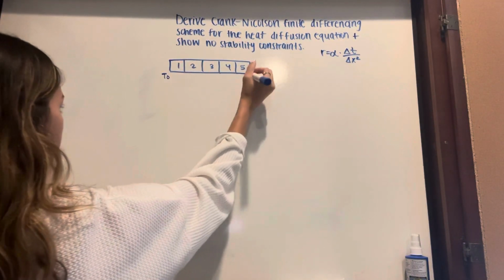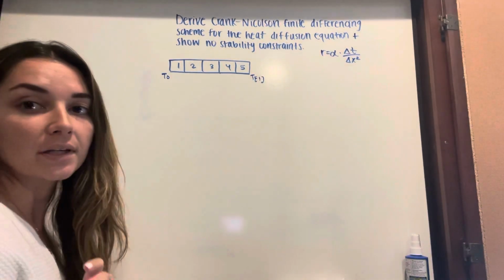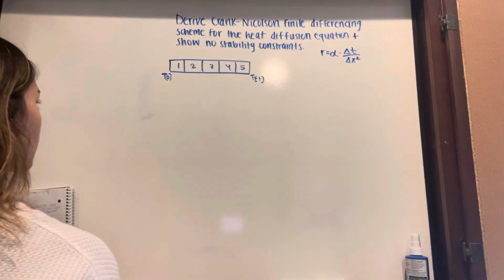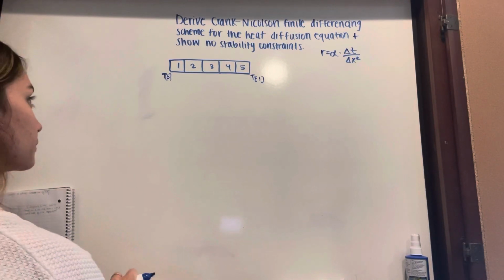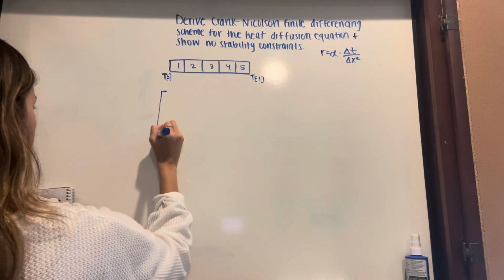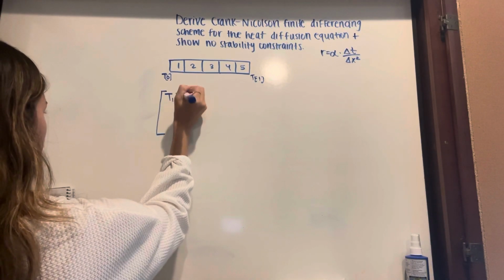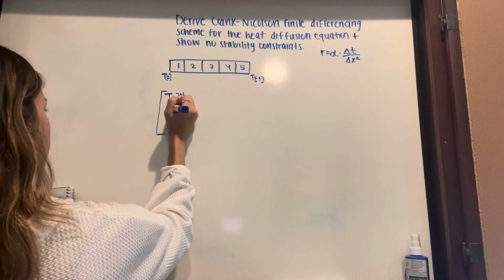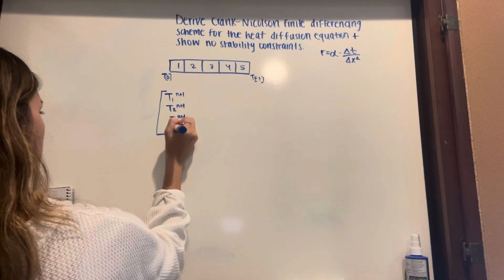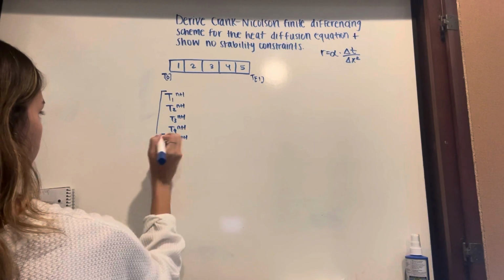This is going to be T0 and we're going to index this as the end of the bar in our code, and T0 is going to be the beginning of our bar. And so we're going to calculate for the initial temperatures in each increment of that bar using our matrix. So we're going to have T1 n plus 1 to calculate that temperature, T2 n plus 1, T3 n plus 1, T4 n plus 1, and T5 n plus 1.